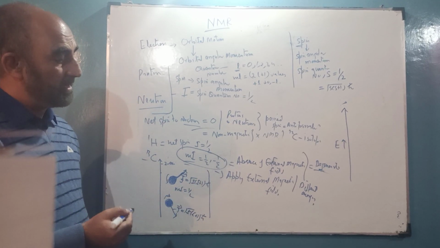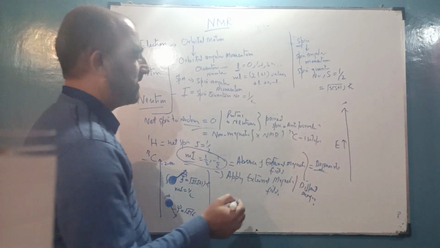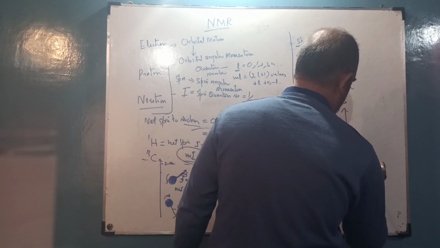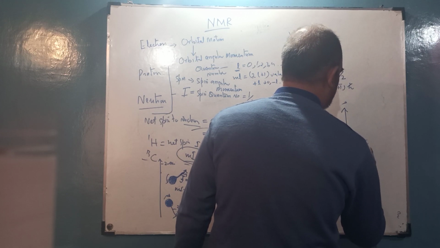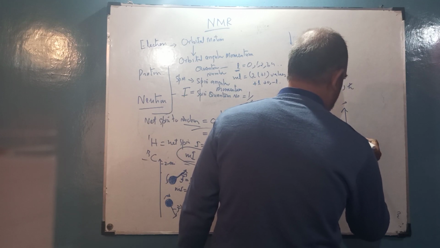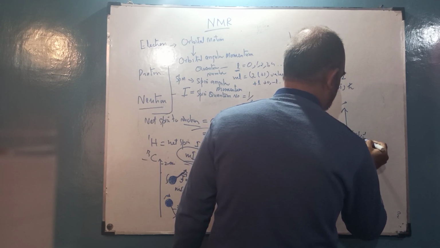It does not matter. But when there is an applied field, their energy is different. We can show that without field, the field is equal to 0 up to this point, then the energy level of the two is the same, with Mi value plus 1/2 and minus 1/2.